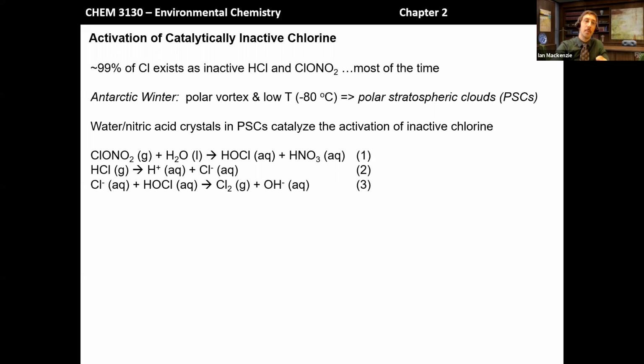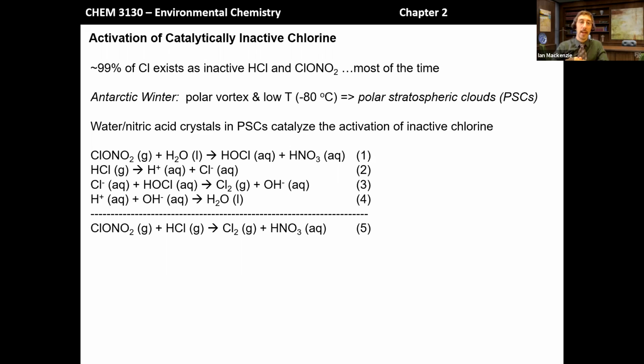Now, if you've got a Cl- anion and a very reactive hypochlorous acid, Cl- will react with the hypochlorous acid to form molecular chlorine, or diatomic chlorine, plus the hydroxide ion. And that hydroxide ion then recombines with the H+ ion from HCl to reform water. And we've generated an equivalent of chlorine gas, which is released from the particle.